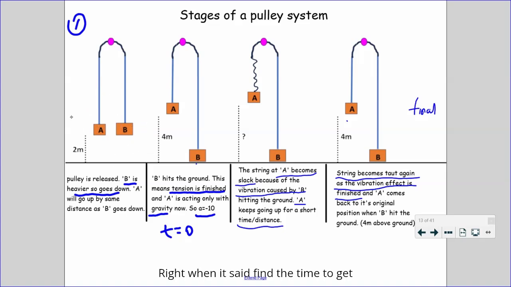Right, when it said find the time to get to the highest point, they were referring to here. Okay, when it says find the time for the string to become taut again, they are referring to here. Okay, because in this diagram, the string is fully stretched, fully taut.